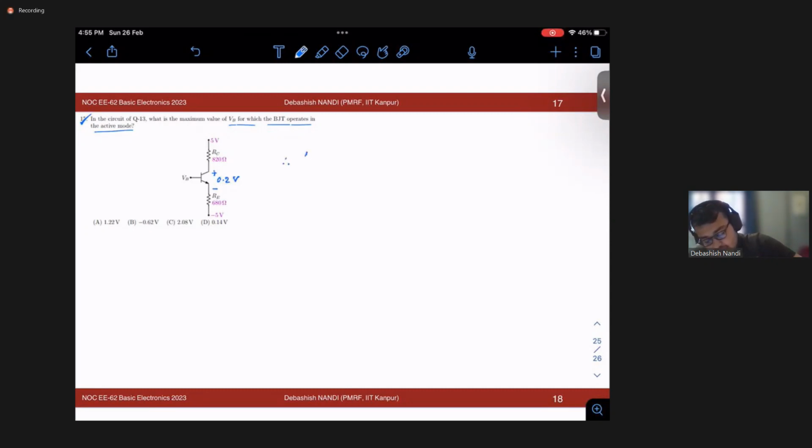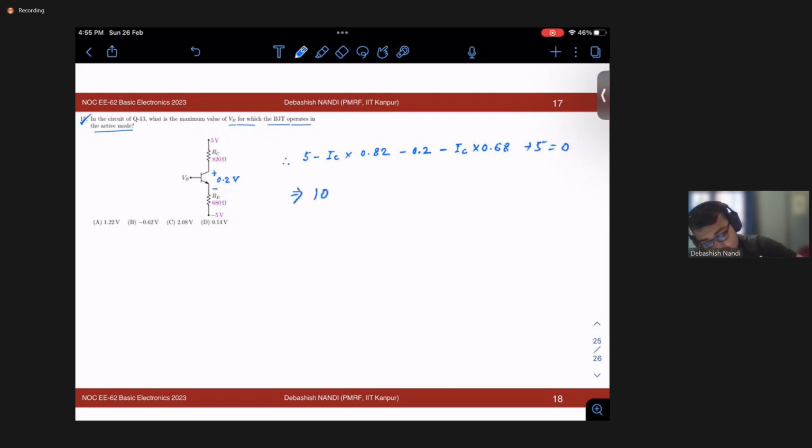Here you find out 5 minus IC into 0.82 minus 0.2 minus IC, because IE and IC are the same, into 0.68 plus 5 equal to 0.